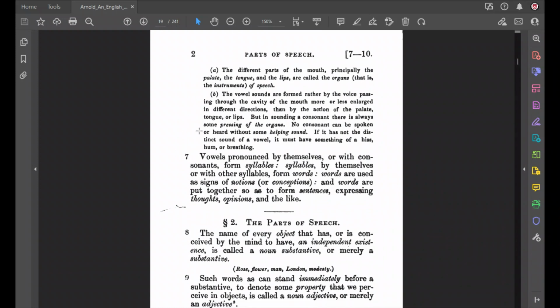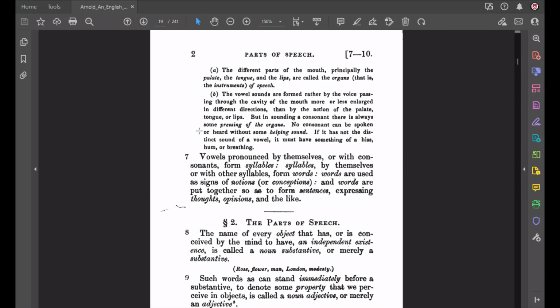In paragraph 7, we learned this important idea of language. We learned that vowels and consonants are joined together to make syllables, that syllables are joined together to make words, and that words are joined together to make sentences.